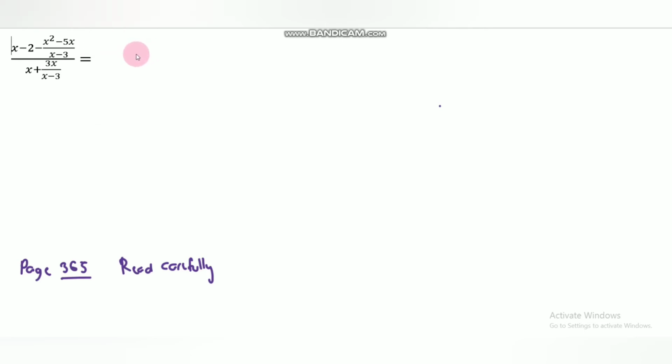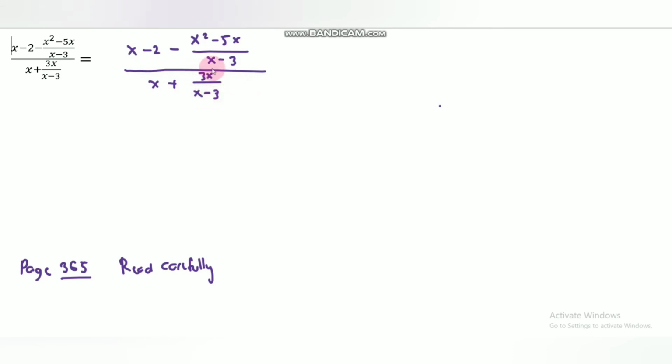Since we have a division, this one divided by this one, let me copy this one first: minus x squared minus 5x plus x minus 3, divided by x plus 3x over x minus 3.